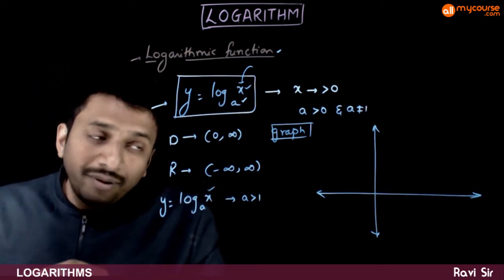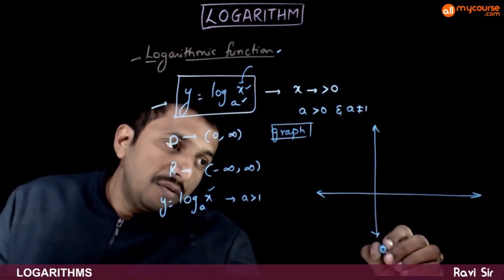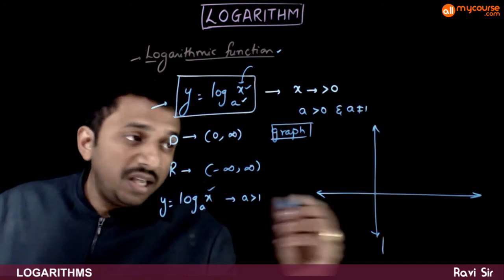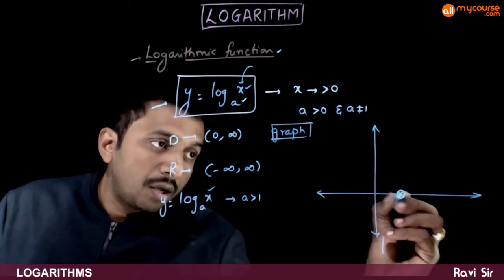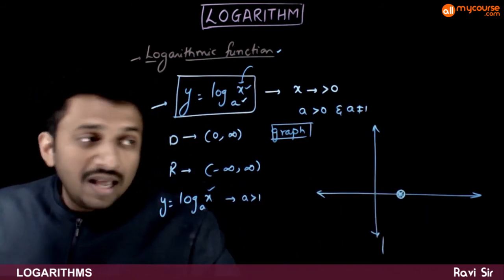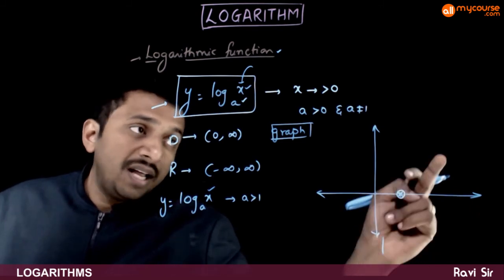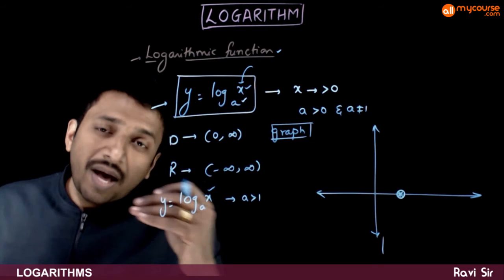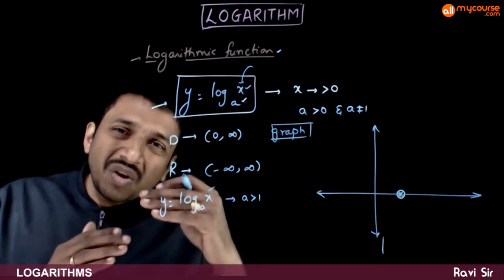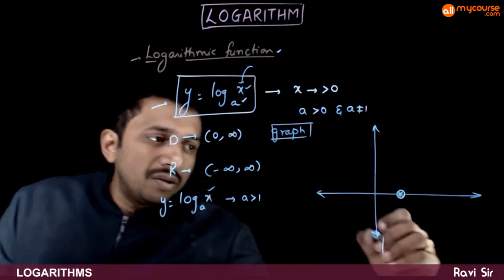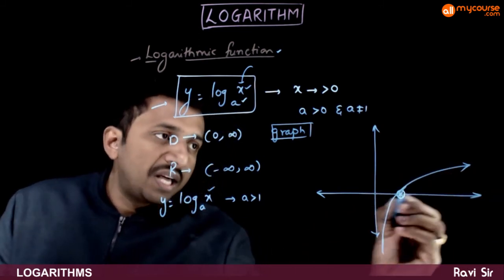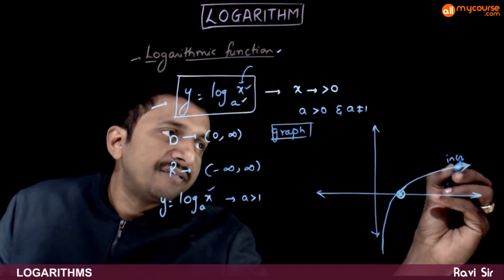How does the graph look like? Close to 0, the value will be close to minus infinity. Log 1 will always be equal to 0, so at x is equal to 1, it crosses the x-axis. And as x tends to infinity, the value of log goes to infinity, but as you see, the values of log increase very slowly. So the graph looks something like this. The graph is an increasing graph.